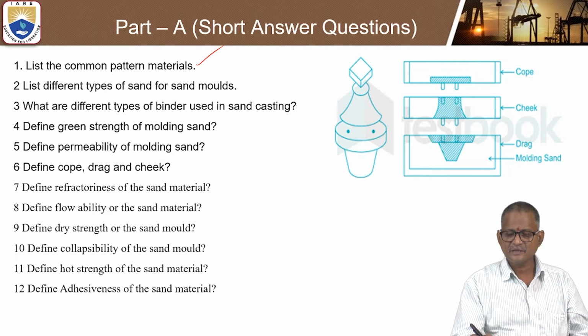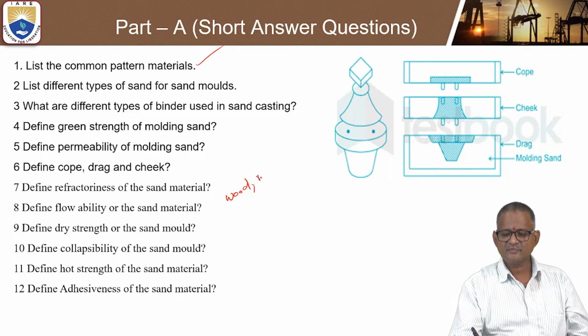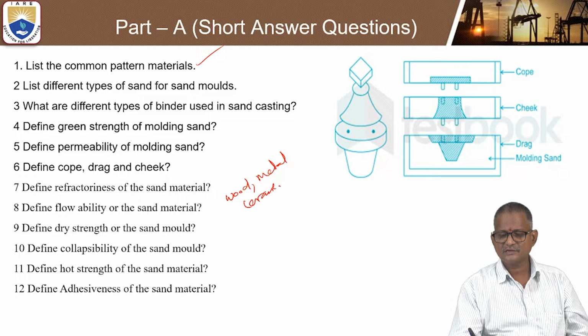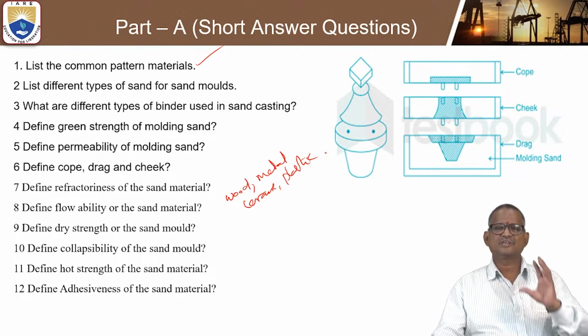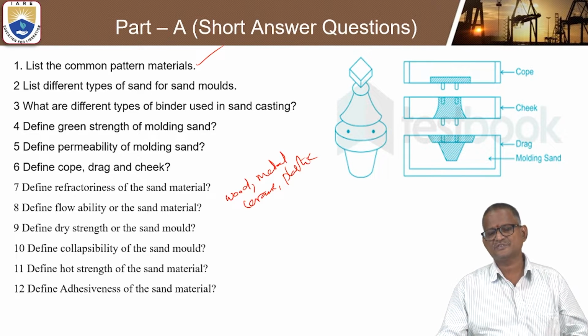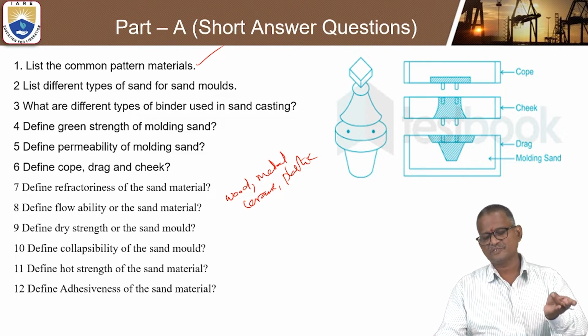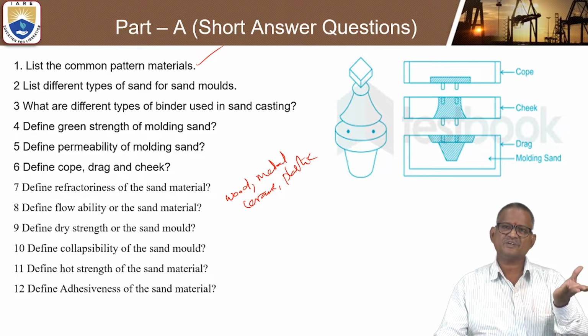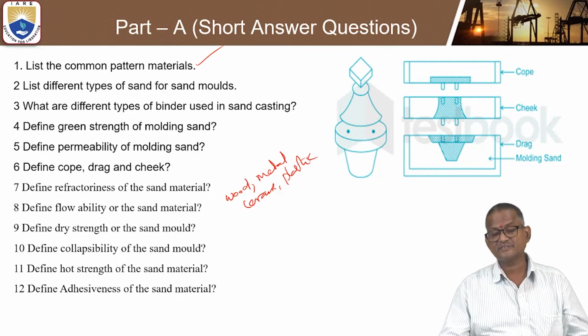In general, the pattern materials are wood, metal, ceramic, or plastics. Based on our requirement and application, the pattern materials can be classified into wooden and metal patterns, ceramic and plastic patterns, and sometimes synthetic patterns are also available.